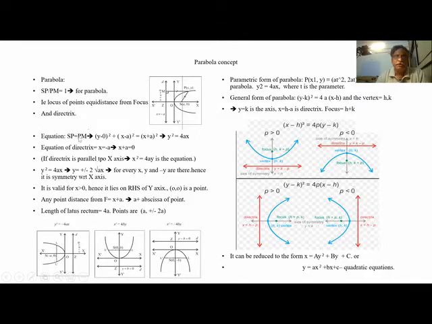So let us say, what is the equation? SP is equal to PM, this is the same. So what is the SP distance? Y minus 0 whole square plus x minus a whole square is equal to the distance between this and this, which is x plus a.